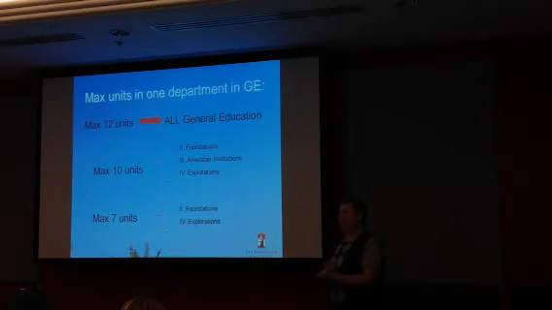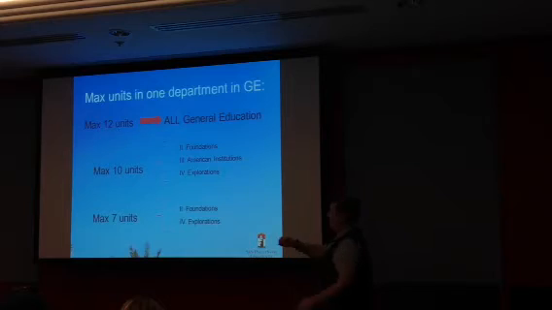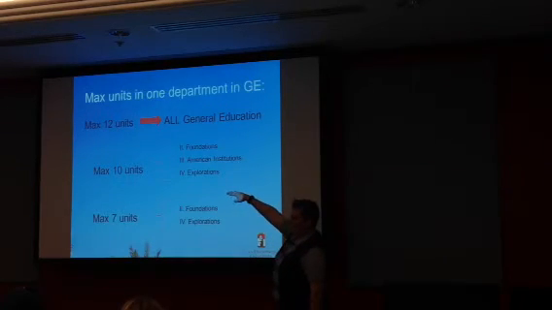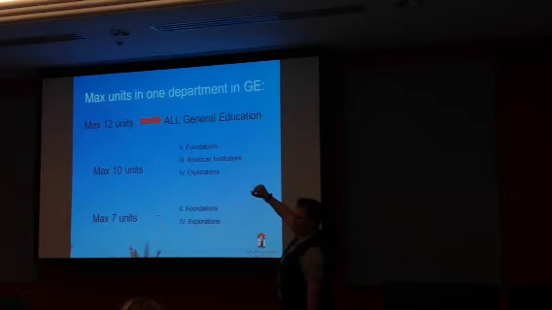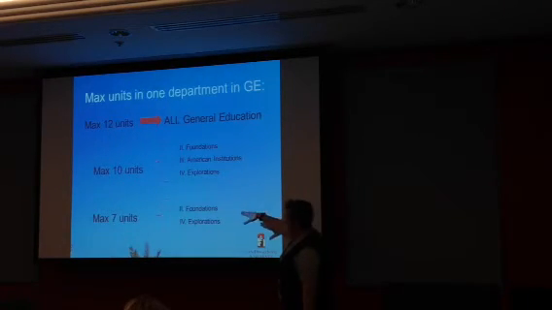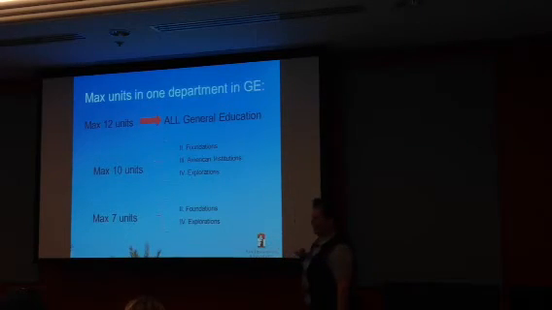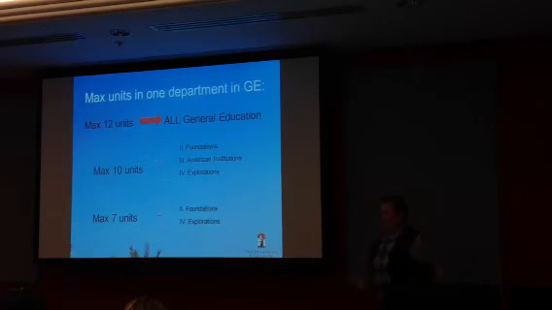So when I say all of GE, I'm talking about communication, critical thinking, foundations, American institutions, and explorations. Okay? And then the next rule is no more than 10 units across the 3: foundations, American institutions, explorations. And then the 7 units is no more than 7 units across foundations and explorations. Does that make sense? We're going to go through some examples, so it might start to click as we go through those.